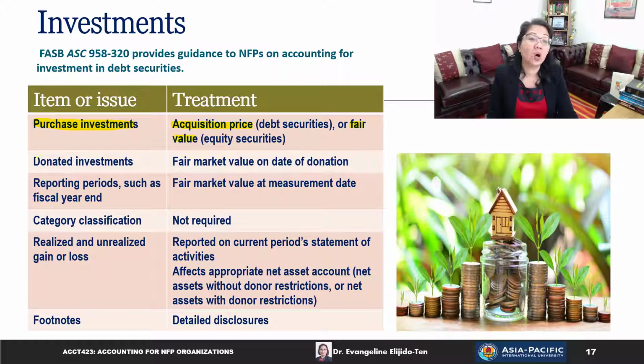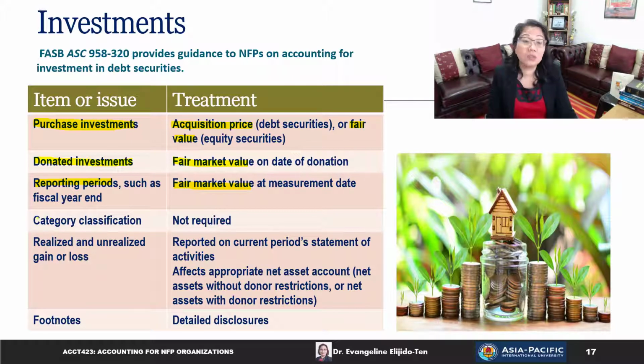In terms of donated investments, it will be recorded at fair market value on the date of donation. For reporting periods such as the end of fiscal year, the fair market value of those investments will be at that measurement date at the end of the fiscal period.